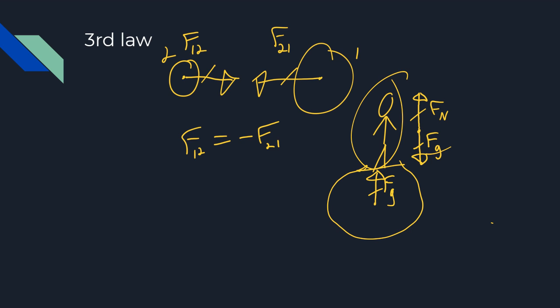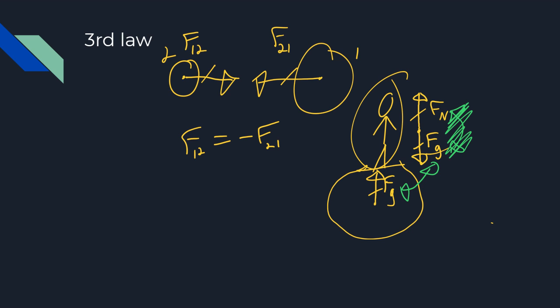These two forces, this one and this one, that is a Newton's third law pair. These two are not. Be careful when you're looking at Newton's third law. It is two objects exerting equal and opposite forces on each other.